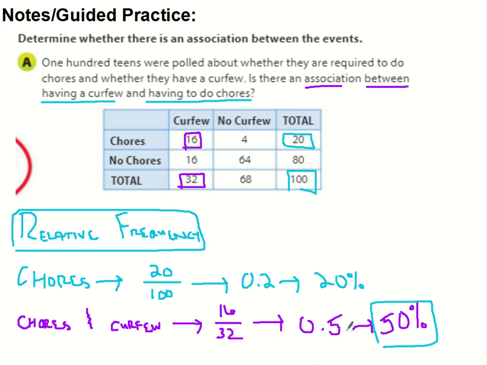So what I did is I found the relative frequencies of the two, and because half of the students who have a curfew have to do chores, this is more likely to happen, so yes, there is an association, because students who have a curfew are more likely to have to do chores: 50% of students who have a curfew have to do chores, where only 20% of all students have to do chores.